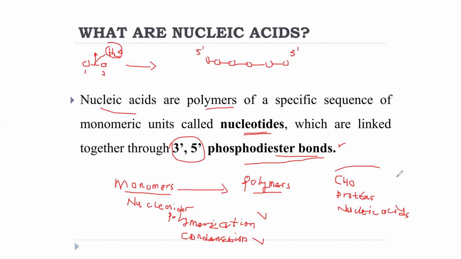Most of the polymers we talk about in biochemistry are carbohydrates, proteins, and nucleic acids, and these monomers are usually joined through a condensation reaction. A condensation reaction is a type of reaction in which small molecules are released when the monomers are joined. Okay?